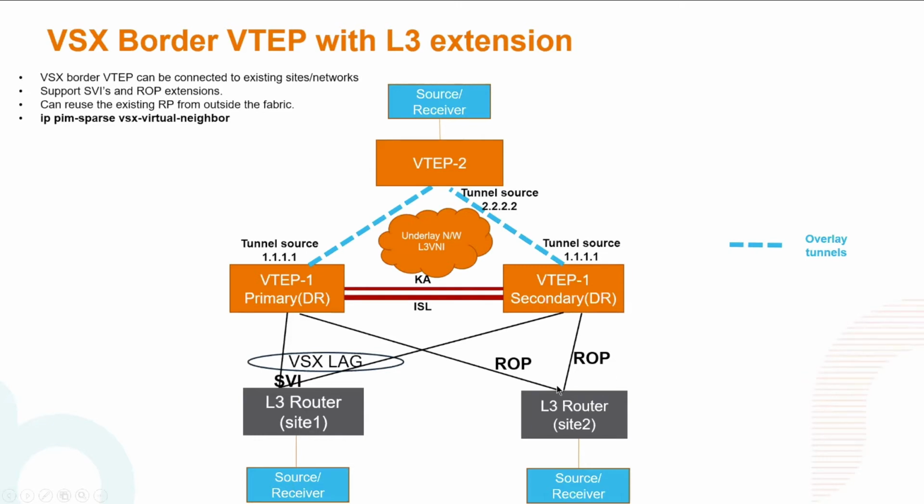Similarly, on the right side I have another case. I just drew both cases on the same slide to save time. This is an ROP extension, an L3 extension only. From primary and secondary, I have ROP connectivity to an L3 router, maybe on another site, and I can very well place an RP on that site, either site 1 or site 2.